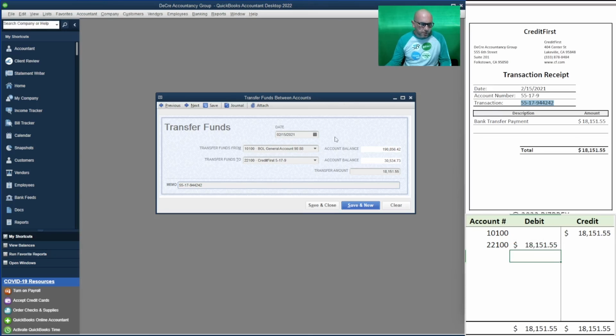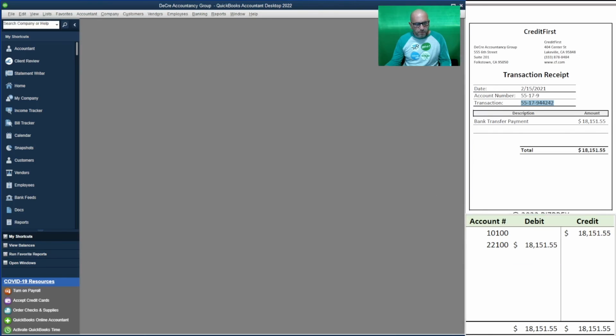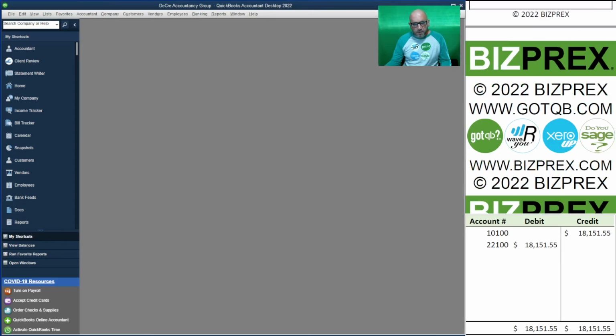So here it is. This amount right here is both a debit to account 22,100 and a credit to account 10,100. And that concludes transactions for the credit card for the month of February.